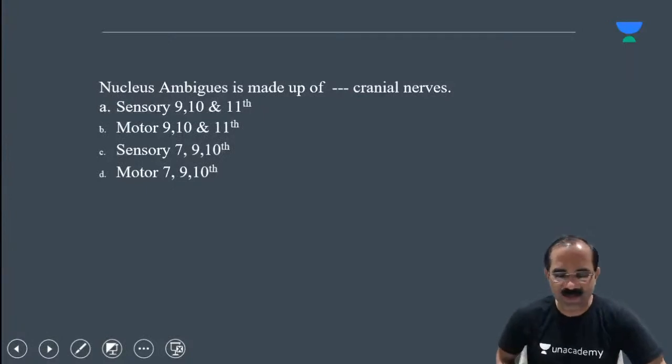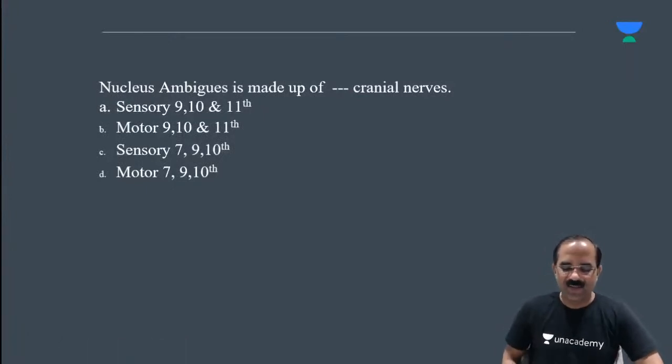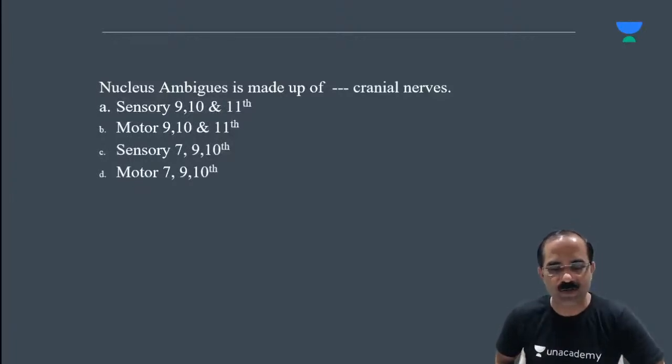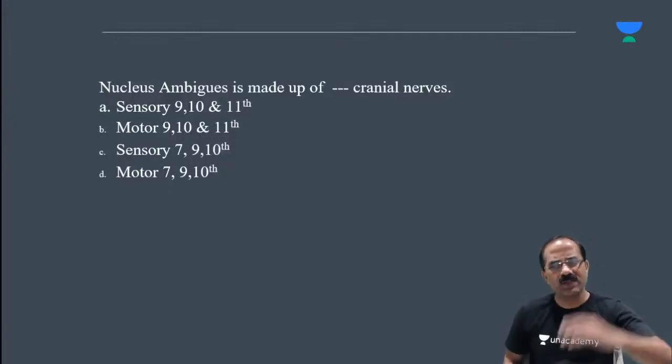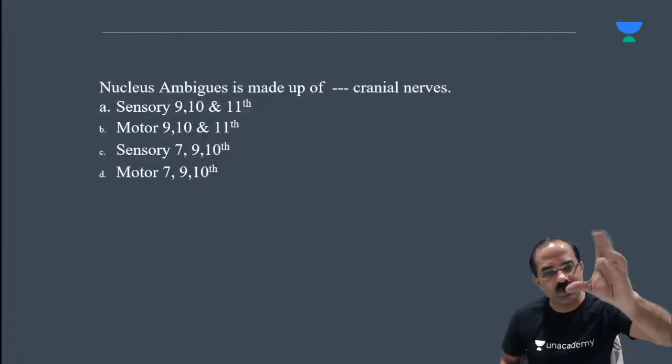Answer this, students. Come on. Nucleus ambiguus is made up of dash cranial nerves. Can you say? What is this nucleus ambiguus? It is made up of 3 cranial nerves.